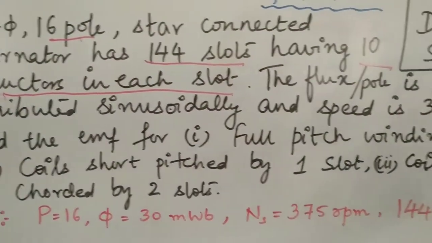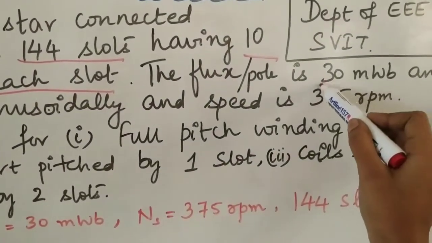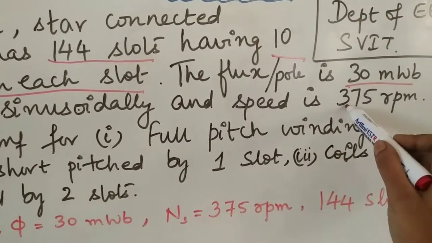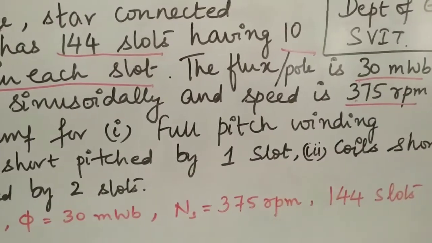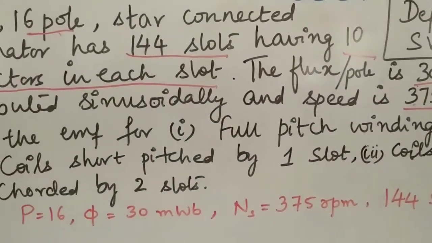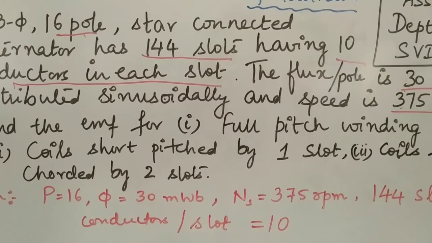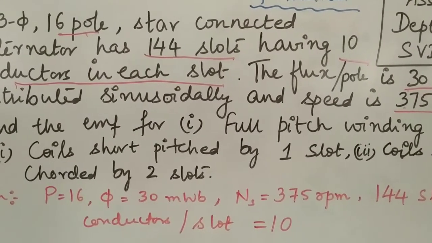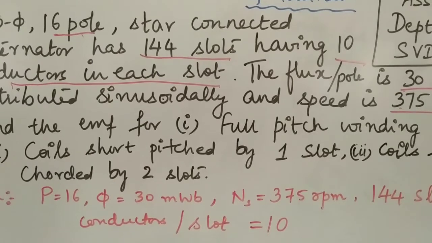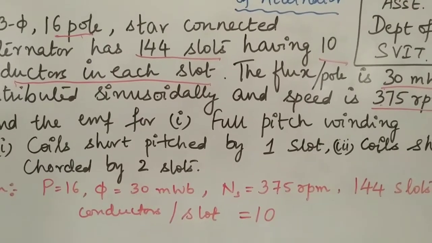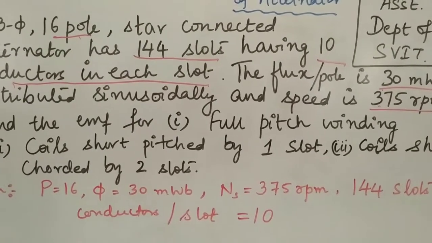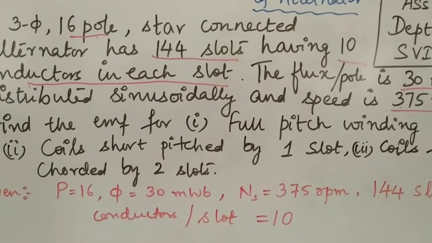Then the flux per pole value is given, that is 30 milliweber, and the speed is 375 rpm. We need to find out the EMF. So let us write down the given data: P is equal to 16, flux is equal to 30 milliweber, Ns is equal to 375 rpm, and 144 slots with conductors per slot equal to 10.